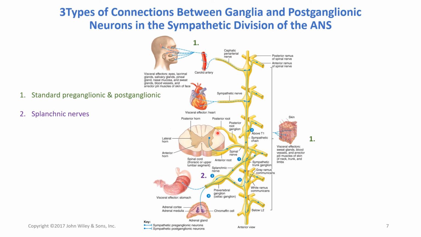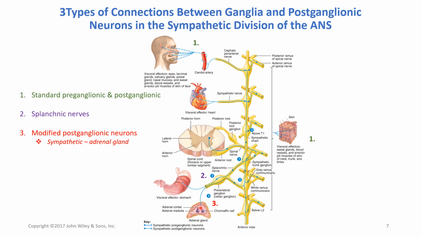Then we had the splanchnic nerve, and that splanchnic nerve was coming in here, and it was just running straight on through, and it was going all the way. It's going to synapse on a prevertebral ganglion, so this is showing a celiac ganglion, or it may go to the organ and synapse on a ganglion right in that organ itself. That was the splanchnic nerve.